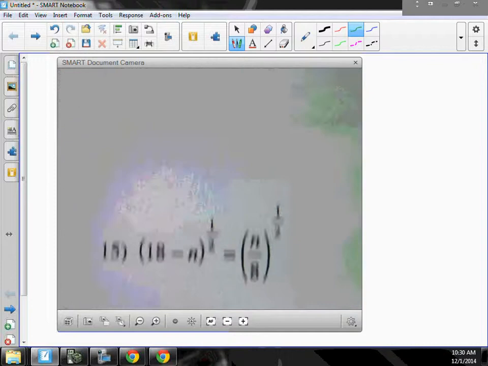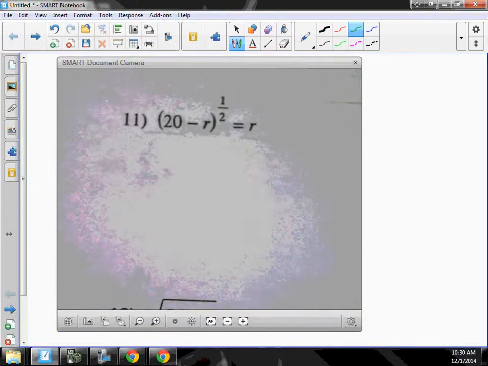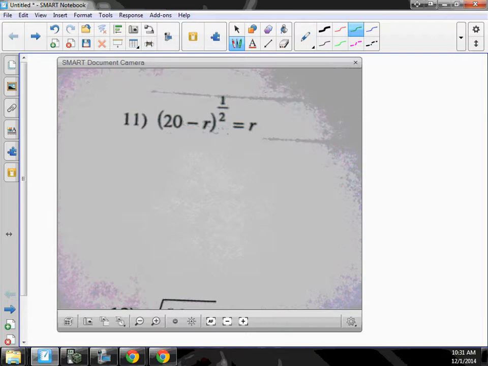Take a look at 11. What is the 1/2 power? Do you remember from last Tuesday? No. It's the square root.